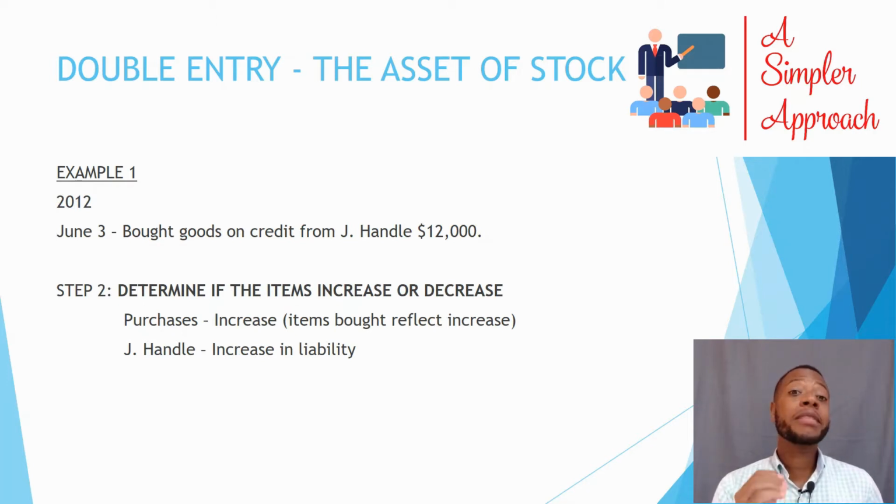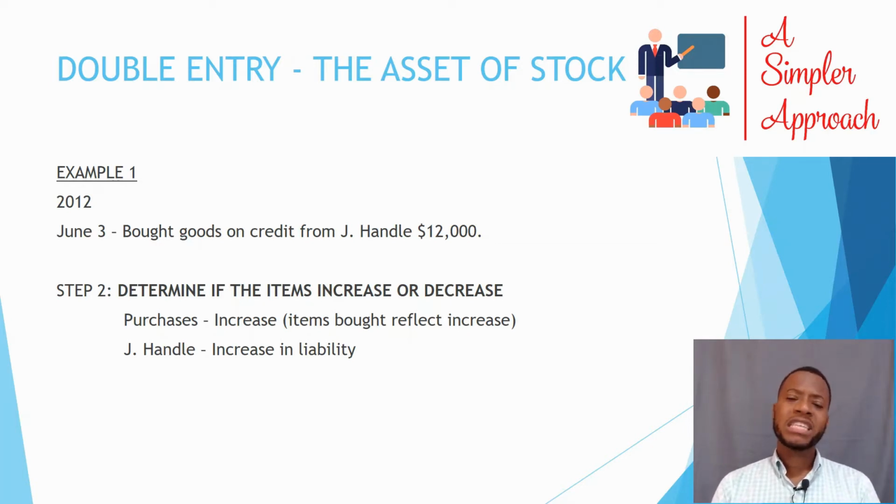Determine if the items increase or decrease. That's step two. So let's break this down now. Purchases. What is happening with purchases? Purchases is increasing. Why? Because I'm buying stock, which means my stock count is increasing. Awesome. J. Handel. What is happening there? Liabilities are increasing.